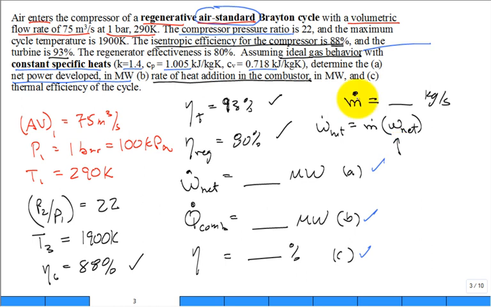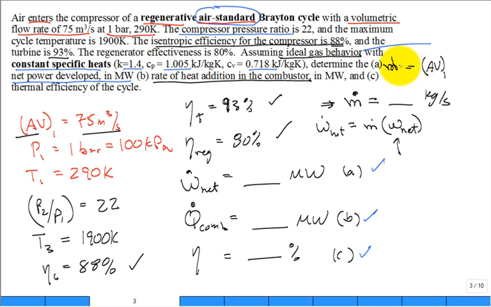But how do I get this mass flow rate? I'm going to use the volumetric flow rate right here. Oh boy, it's been a couple weeks since we've used that. So what's the relationship between the volumetric flow rate at state 1 and the mass flow rate? It goes through state 1, it goes through state 2, it's going through the loop, so it's not like we're losing or gaining mass anywhere.